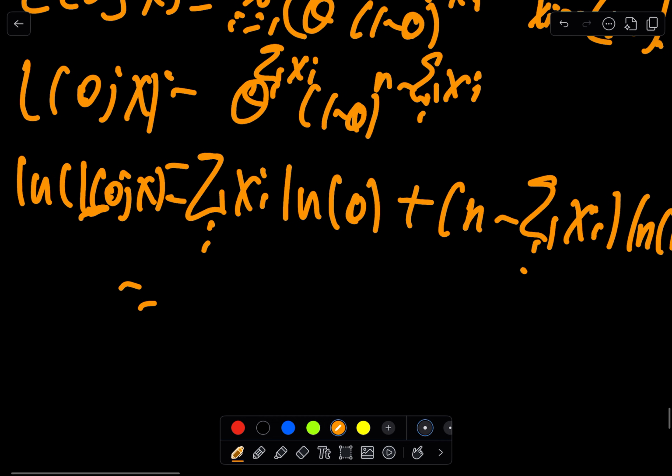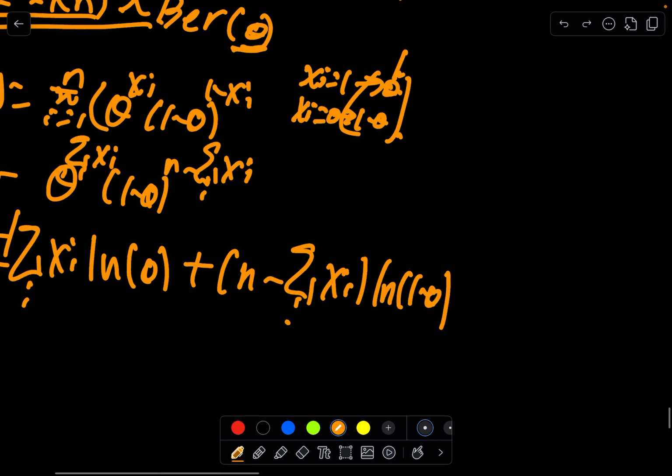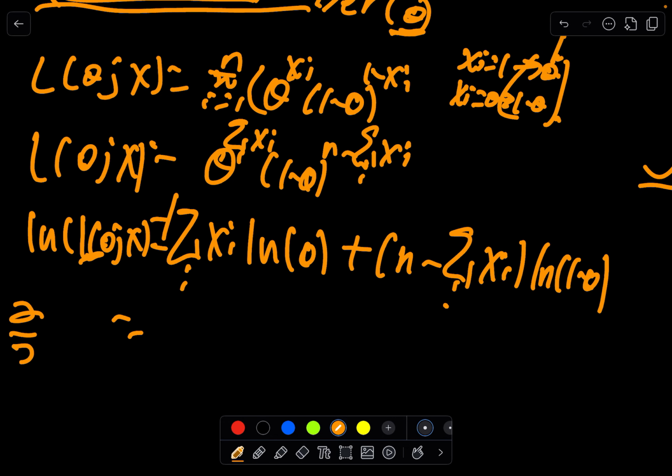And now we need to find the value of theta. Our goal is to find the theta that maximizes the likelihood, that makes our theta the most likely. If we have some arbitrary function of theta, we need to take the derivative with respect to theta. So we'll take the partial derivative with respect to theta of the natural log of the likelihood of theta given x.